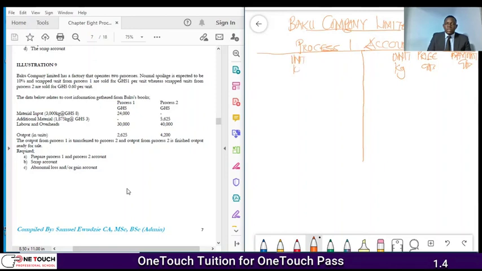So process 1, let's see. The materials put into the process.